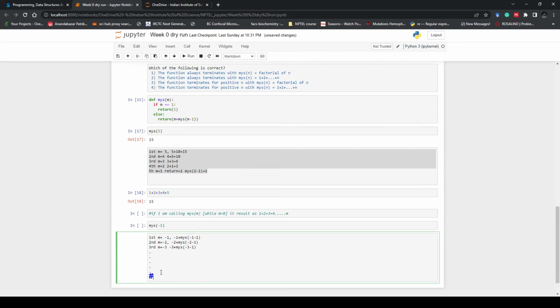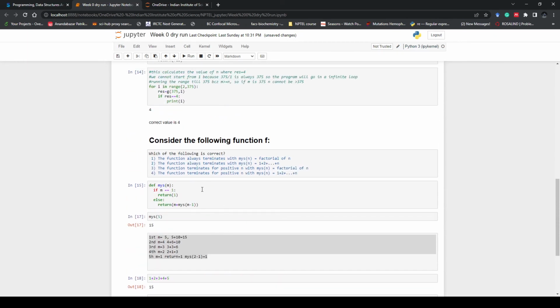So if m is less than 0, then the function will run in an infinite loop.